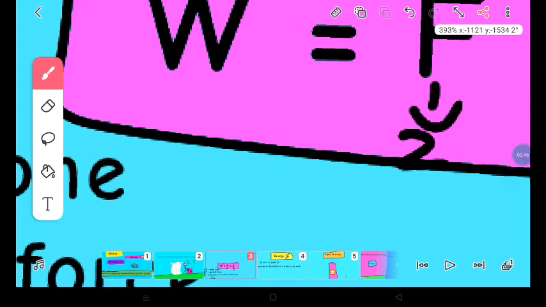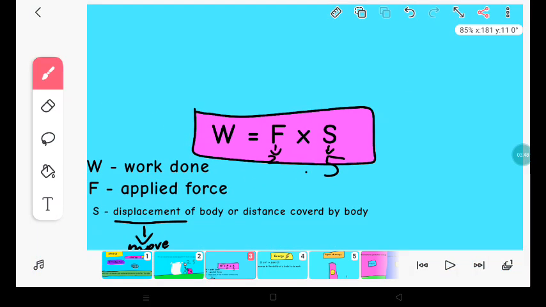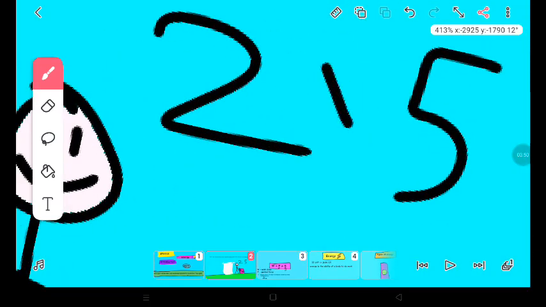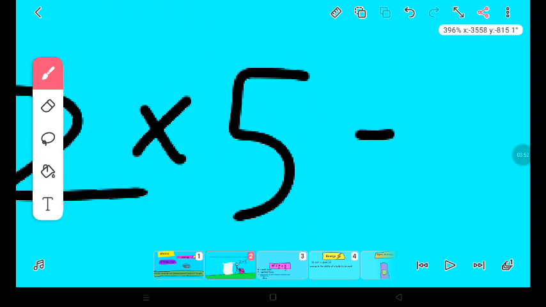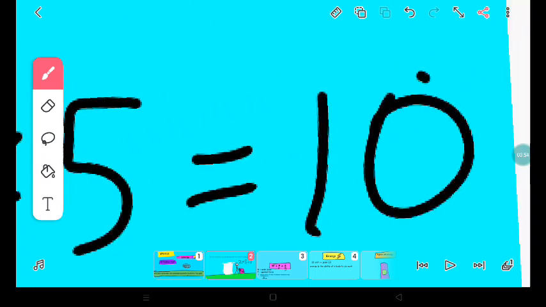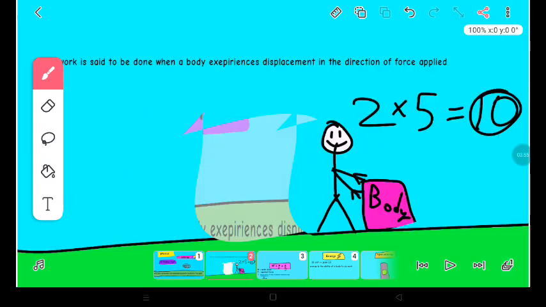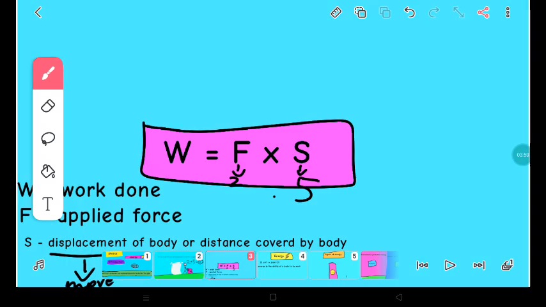So the amount of work the stickman has done is equal to 2 multiplied by 5, which is nothing but 10. So the stickman did 10 work.